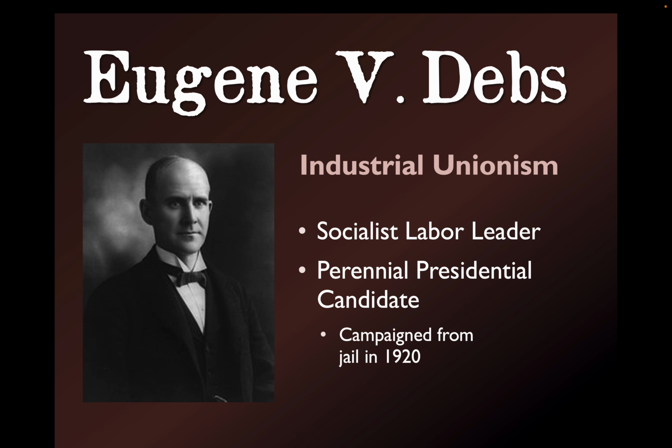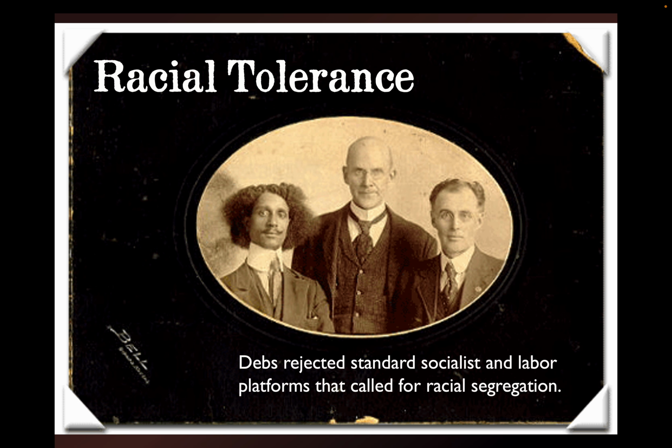Eugene V. Debs, again, we come with this guy. He's industrial unionism, a socialist labor leader. He is a perennial presidential candidate, which means he's running for president every 4 years. When he was in jail in 1920, he campaigned from jail. However, even though he was in jail, he was very tolerant at the time.